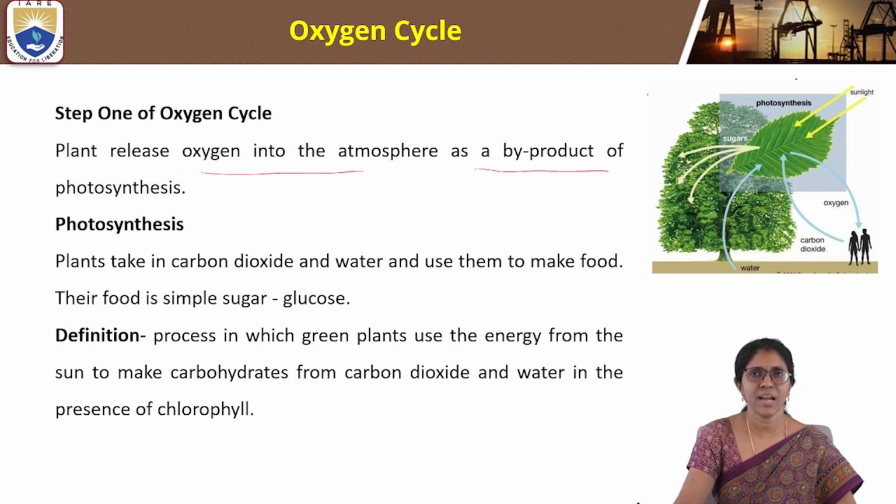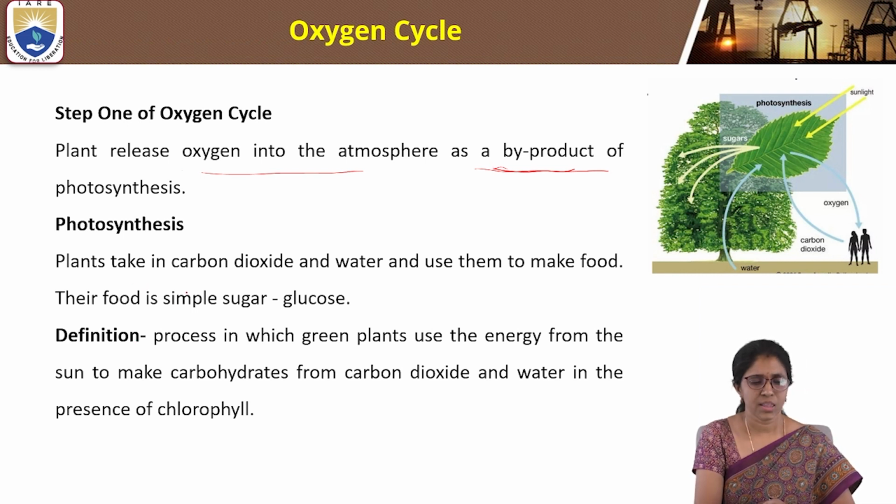We know that the plant takes sunlight as well as carbon dioxide from the atmosphere and produces carbohydrates or other products. Along with the carbohydrates, the plants release oxygen as a byproduct in the photosynthesis process.